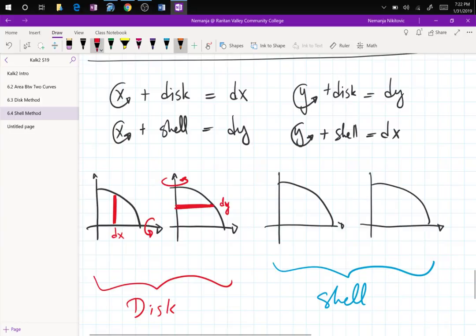Now, on the blue side, if we have x rotation, we have dy, and if we have y rotation, we have dx. They are completely opposite from the red side, from the disk side, which is why we need them. We need something that is different, not the same as the one we had before.